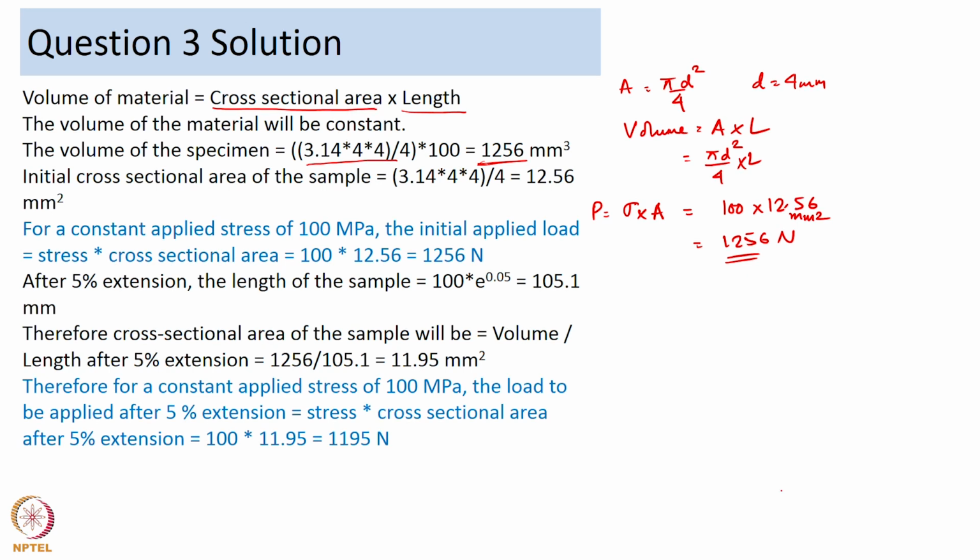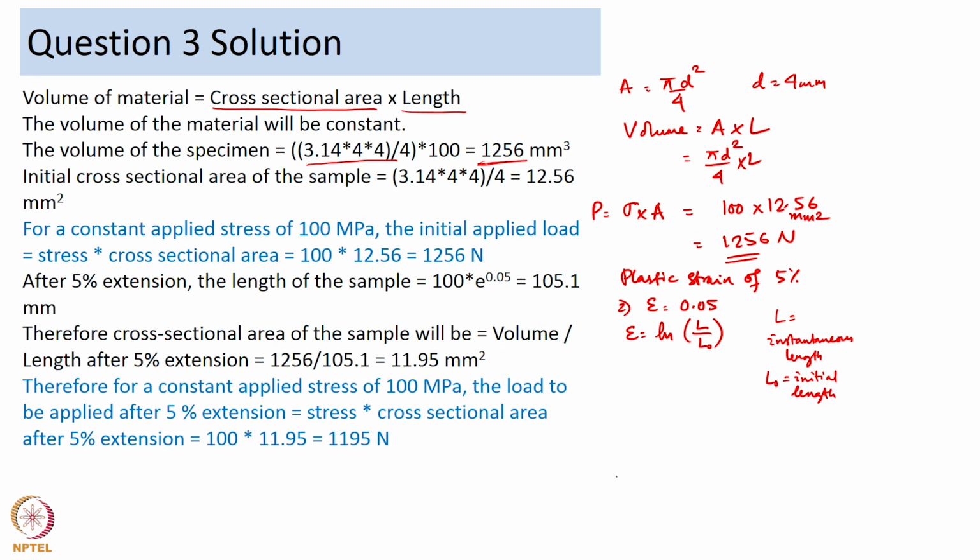We are talking about a strain of 5%, so this implies epsilon is equal to 0.05, and plastic strain is defined as ln of L over L naught, where L is the instantaneous length and L naught is the initial length.